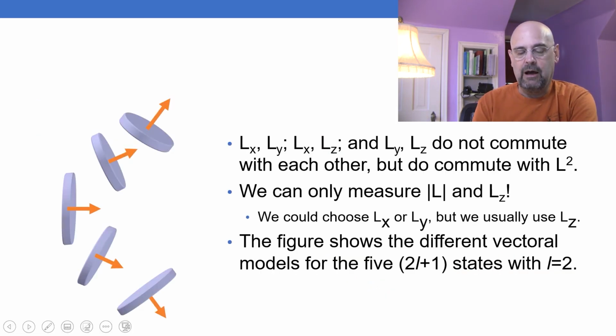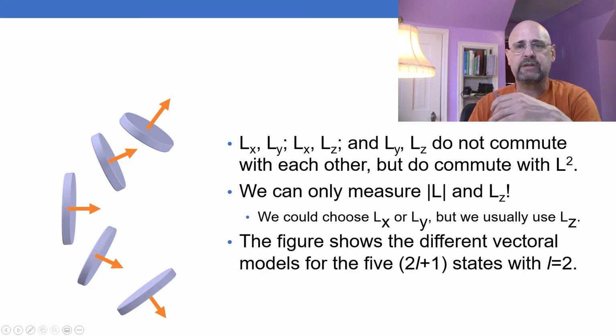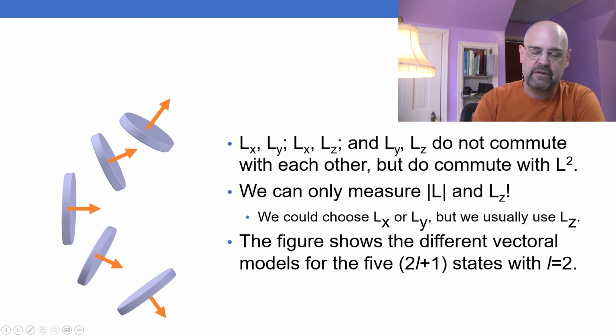So now what I have here is basically an idea of showing how we can represent this. I have this object rotating, and imagine this is the m l equals 2, 1, 0, minus 1, minus 2.